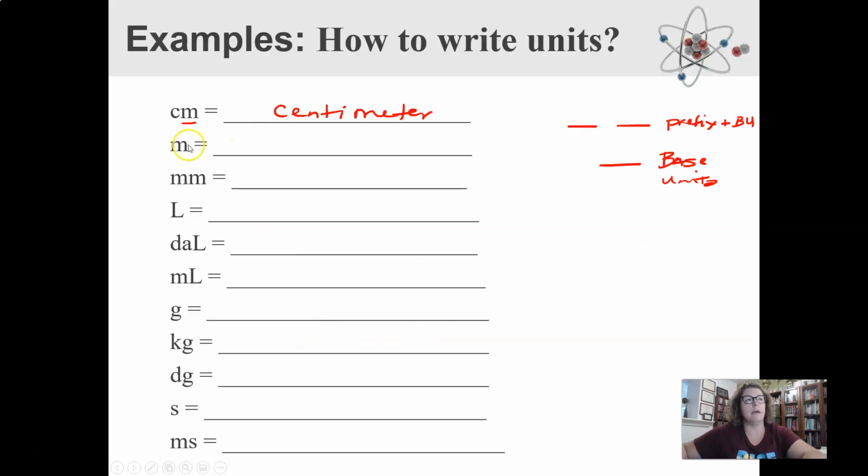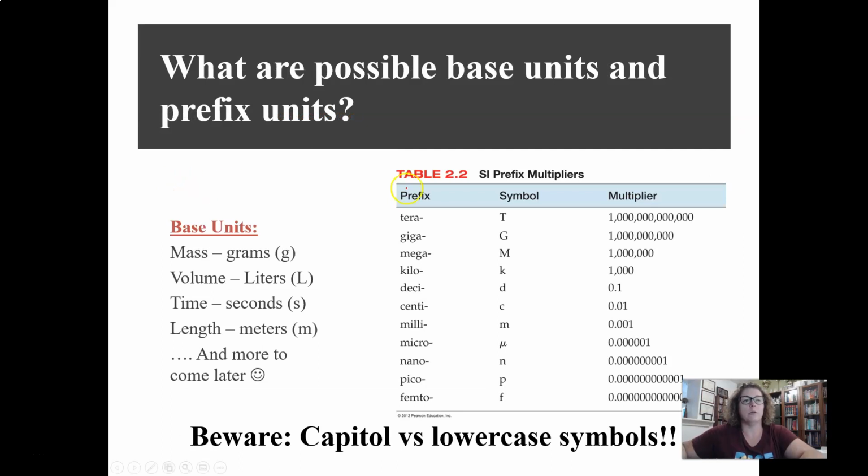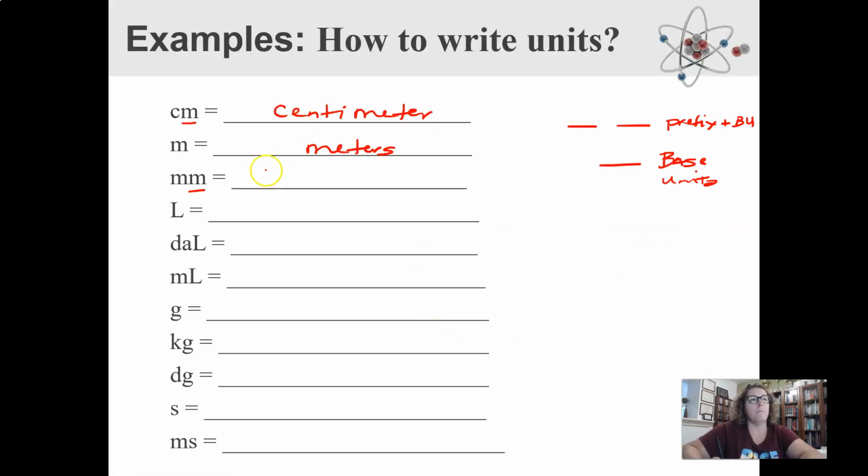Remember, if you have one letter by itself, that cannot be a prefix because it's the name before the name, and you don't have a name before the name. So just little m means meters. Now mm, we definitely have meters right there because the base unit is always the end of the name. But what about this other little m? The only prefix that has a little m is milli. So millimeters.